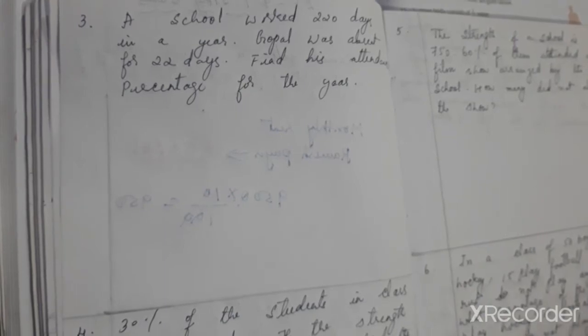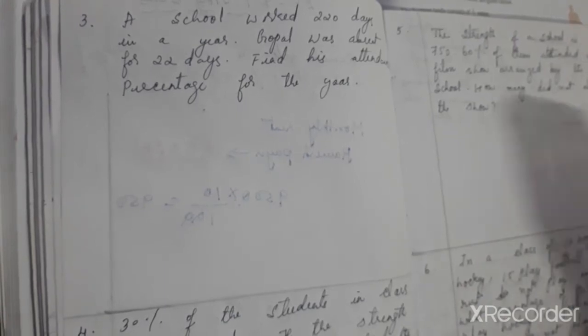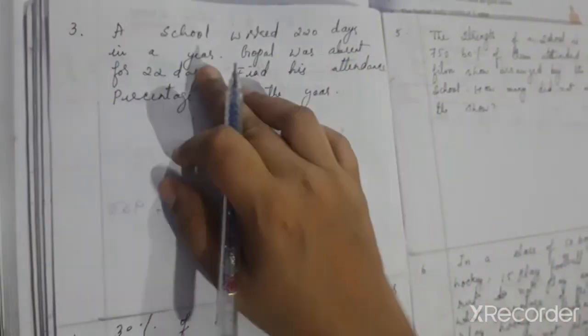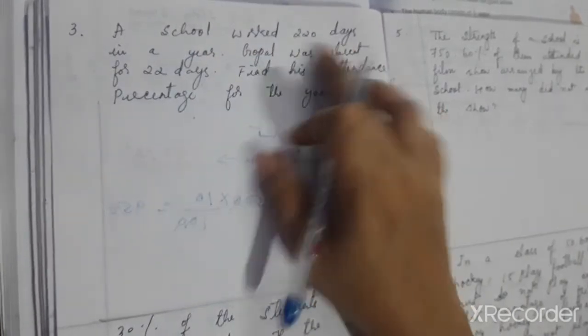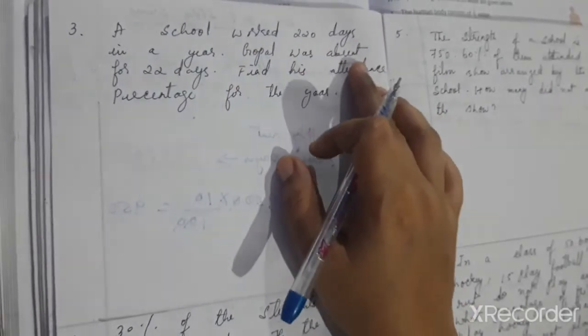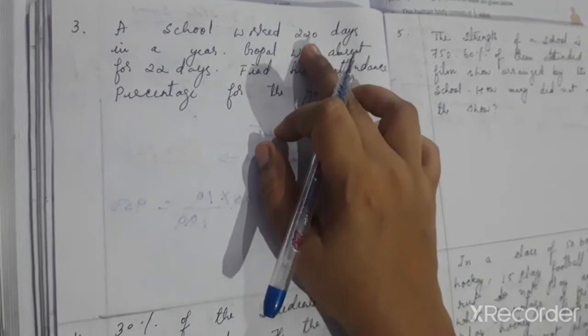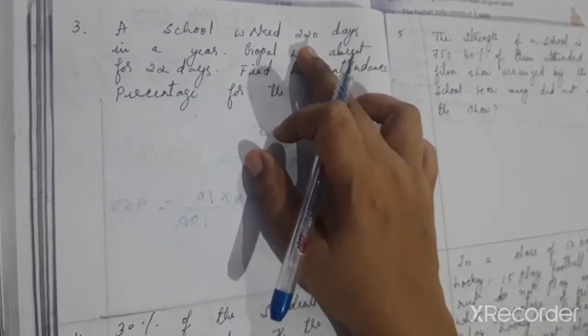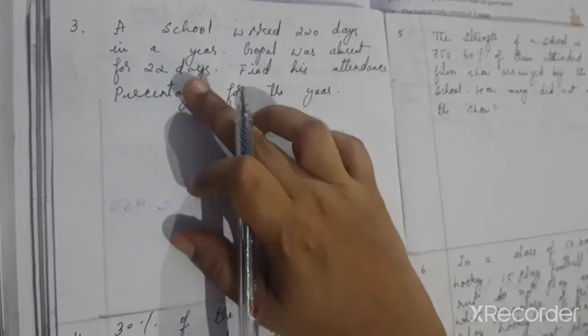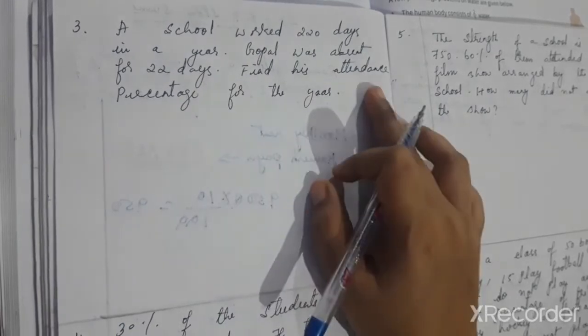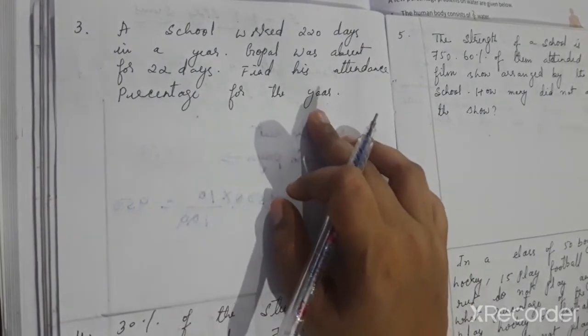Next is the third question. A school worked 220 days in a year. Gopal was absent for 22 days. So the total working days is 220, and Gopal was absent for 22 days. Find his attendance percentage for the year.